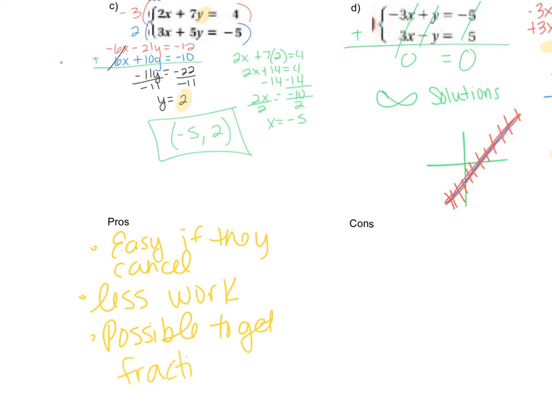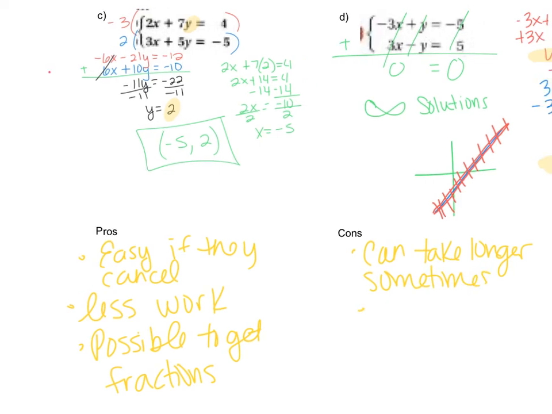I'll just put fractions. All right, cons. Can take longer if you have to multiply both, so it can take longer sometimes. Otherwise, I don't have a whole lot of cons for this one. This is usually my favorite one.